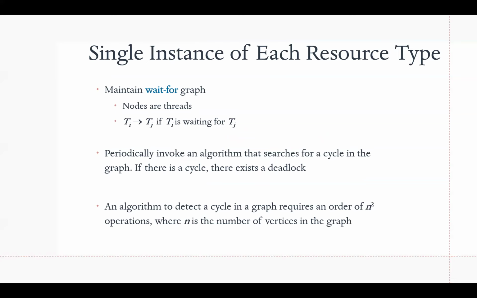As we are looking into the deadlock detection algorithm, there are two parts. The first one is the algorithm for finding whether a deadlock has occurred using a single instance of each resource type. Now, what is a single instance of each resource type?